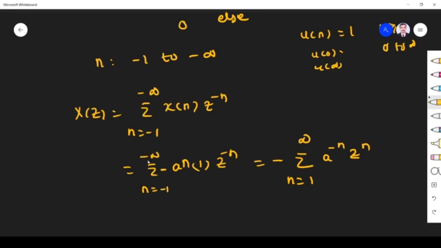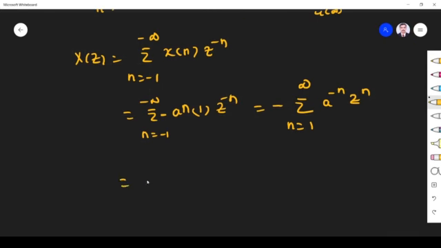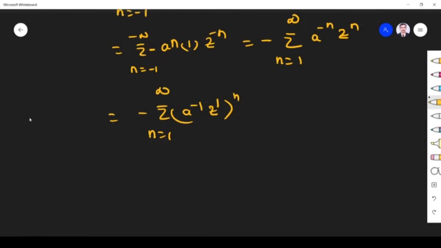So it becomes minus the sum for n from 1 to infinity of a^(−n) zⁿ. So I can write this as, you see, I have the equation for n going from 0 to infinity, but here I have the equation for n equal to 1. So what I do is add 1 and subtract 1.